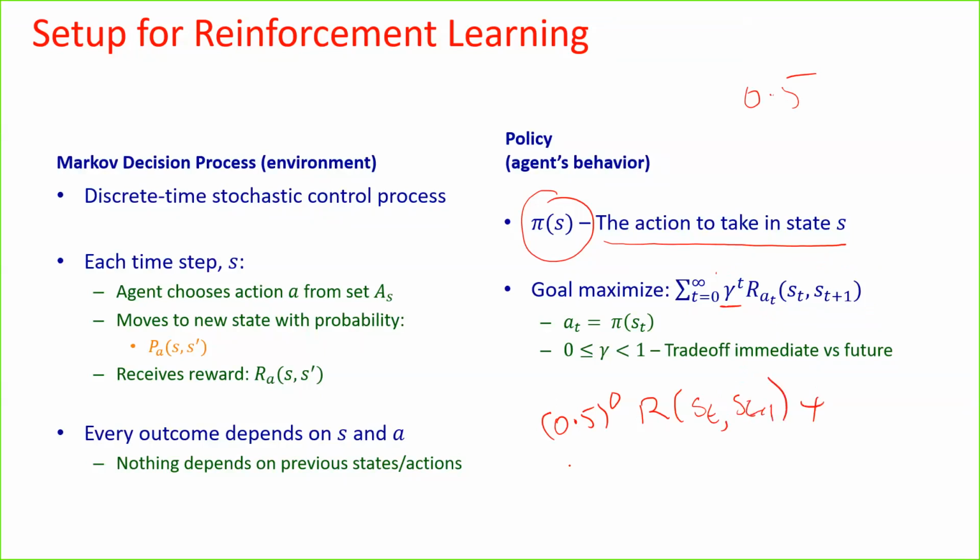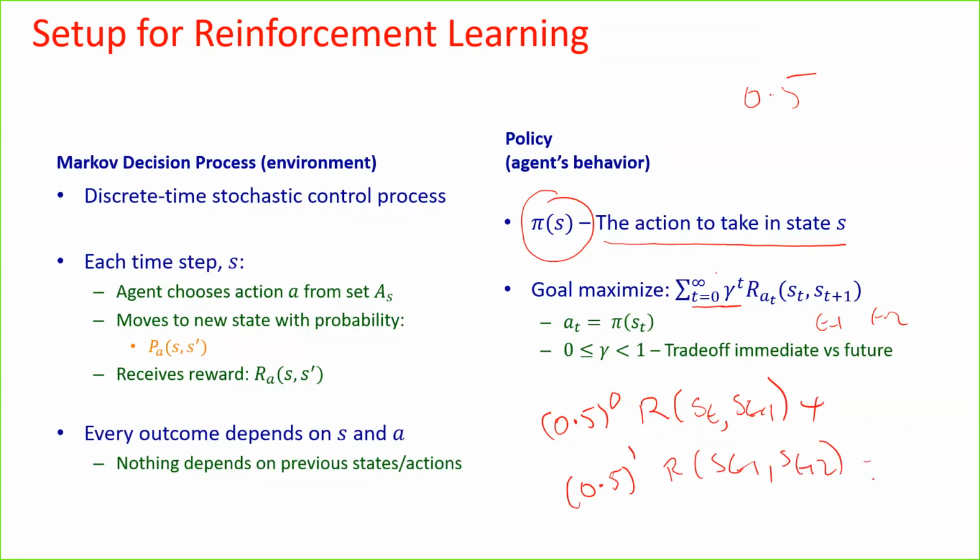Yes, sir. Then if you go to the next reward, the time step would be 1. t equal to 0 first, then t equal to 1, then t equal to 2, and so on. So 0.5 to the power 1 for the next reward, from t plus 1 to t plus 2.